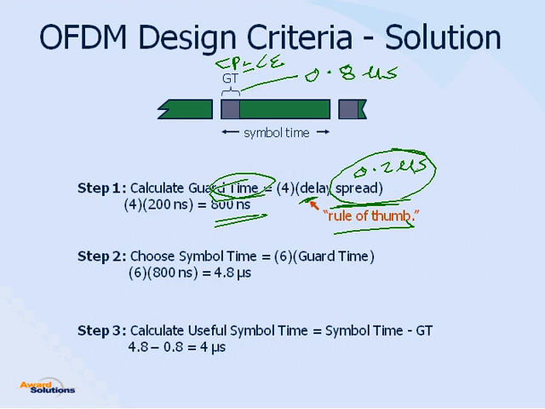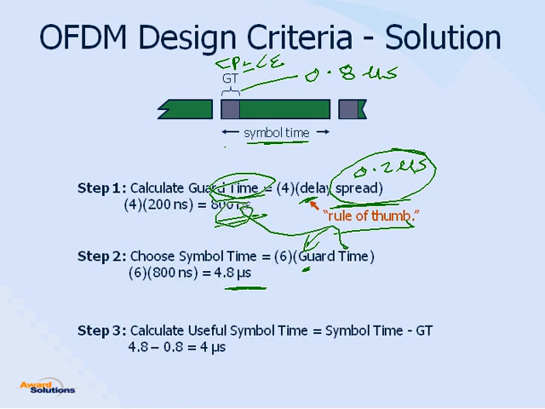Very good. Now we need to figure out the symbol time. At that time we need to make sure that we don't have too much cyclic prefix. We should have enough time available to send real data. So our useful symbol time, the modulation symbol period, should be long enough. So we said, let's use another rule of thumb, 6 times the guard.